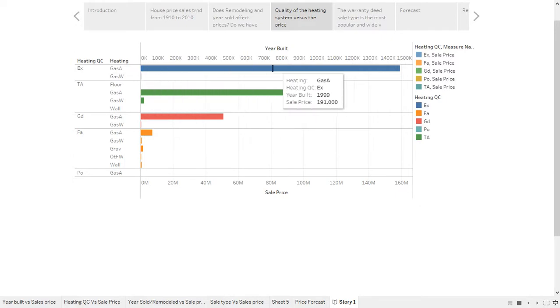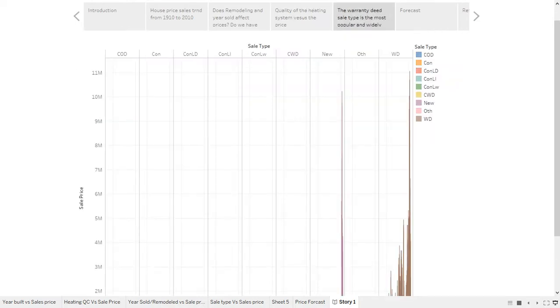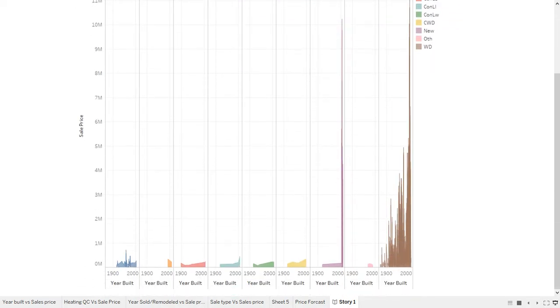An excellent heating system would demand a high price, whereas a fairly good heating system would demand a low price. Also, the warranty deed of a house would demand a high price.